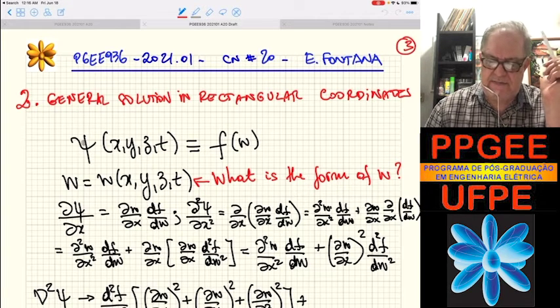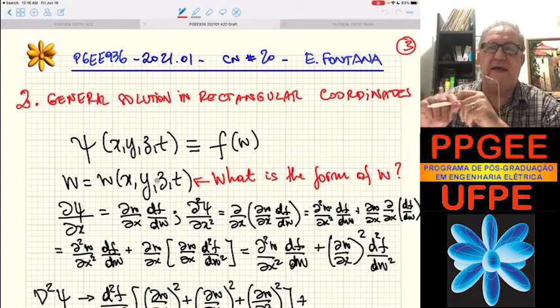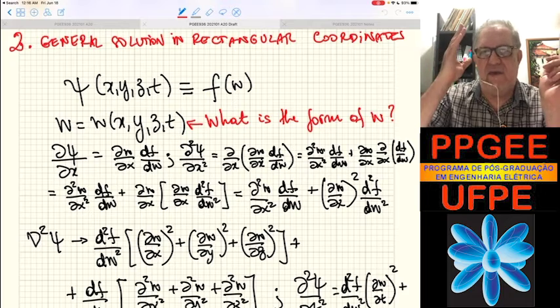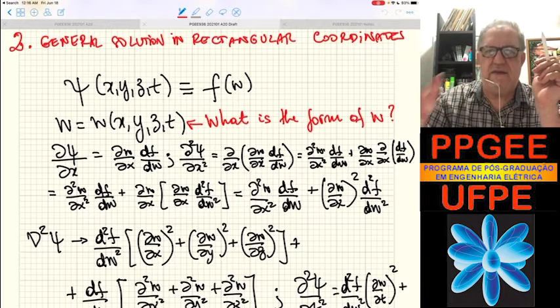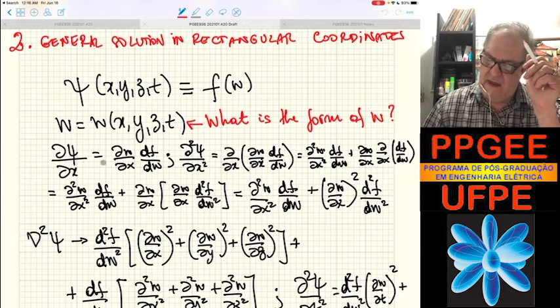In other words, psi is a function of the argument w, and w in turn is a function of x, y, z, and t. So let's calculate term by term the second derivatives relative to x, y, z, and t. Let's use the chain rule here, do it for one of them, and then extend to all the other components.